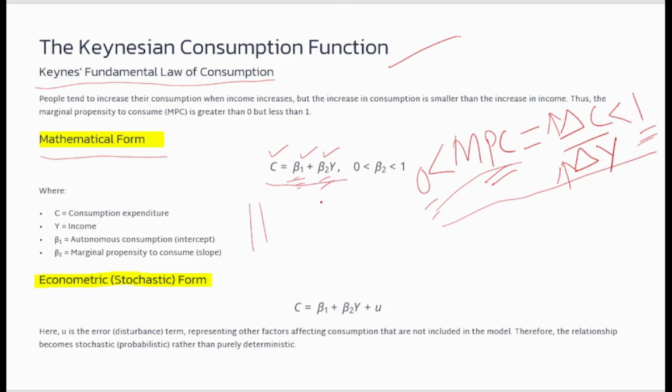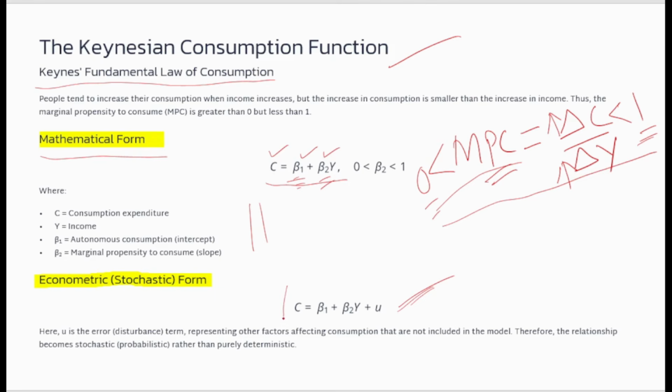After this mathematical model, we need to make an econometric model in order to control for the effect of all other factors apart from income which may affect consumption. So here we include the error term.